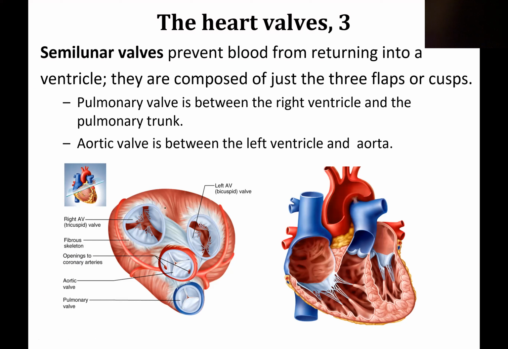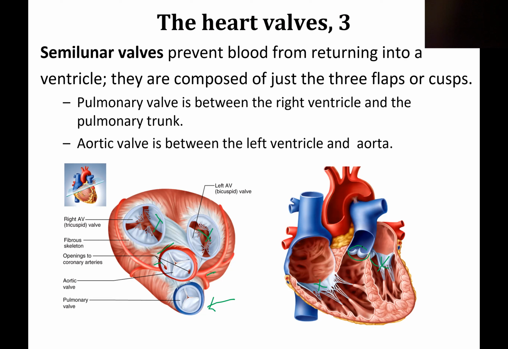So, superior view. With the 2 atrioventricular valves, they were right and left across from each other, here and here. With the pulmonary and the aortic valve, they're anterior and posterior. So the anterior most is the pulmonary valve. This is a superior view.